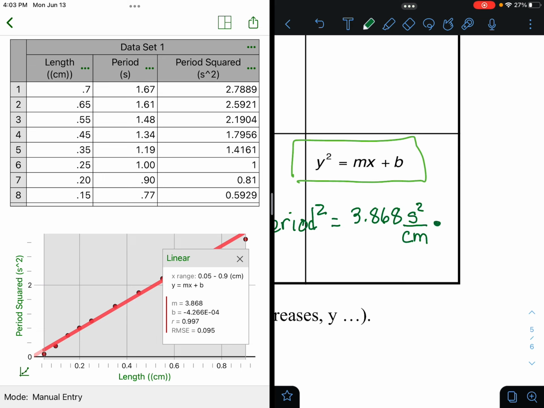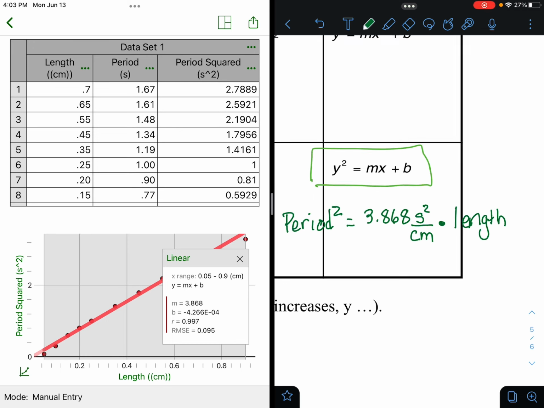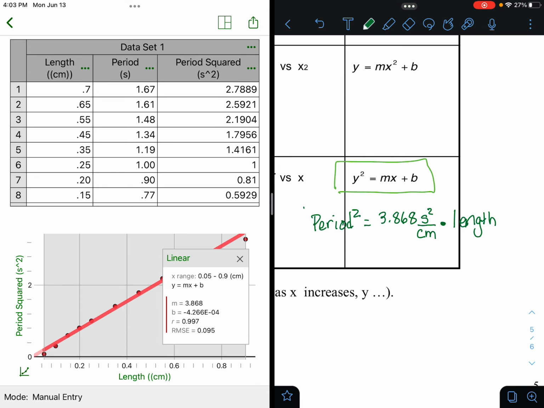And my x variable here is still length. And that will give me my new mathematical model. So this would be what I would put as my mathematical model underneath my graph for my homework assignment.